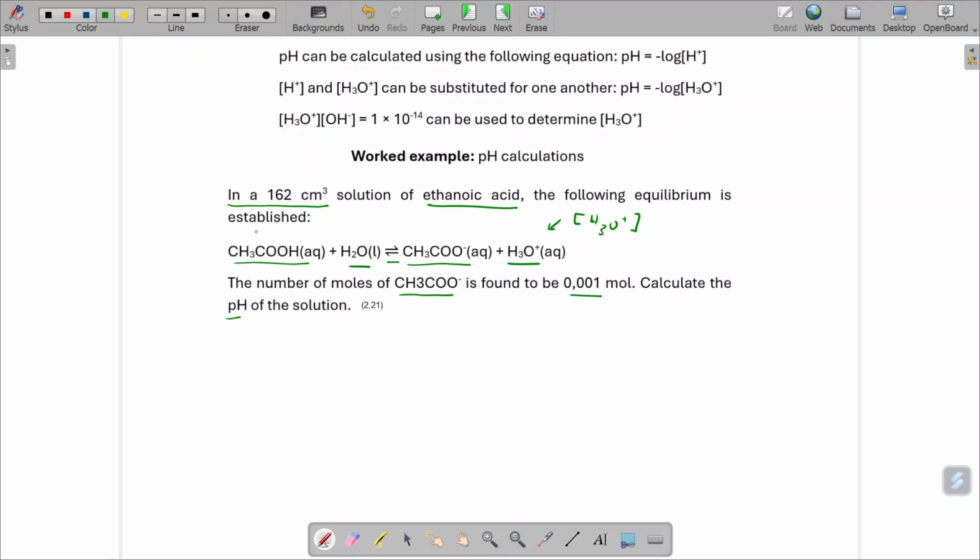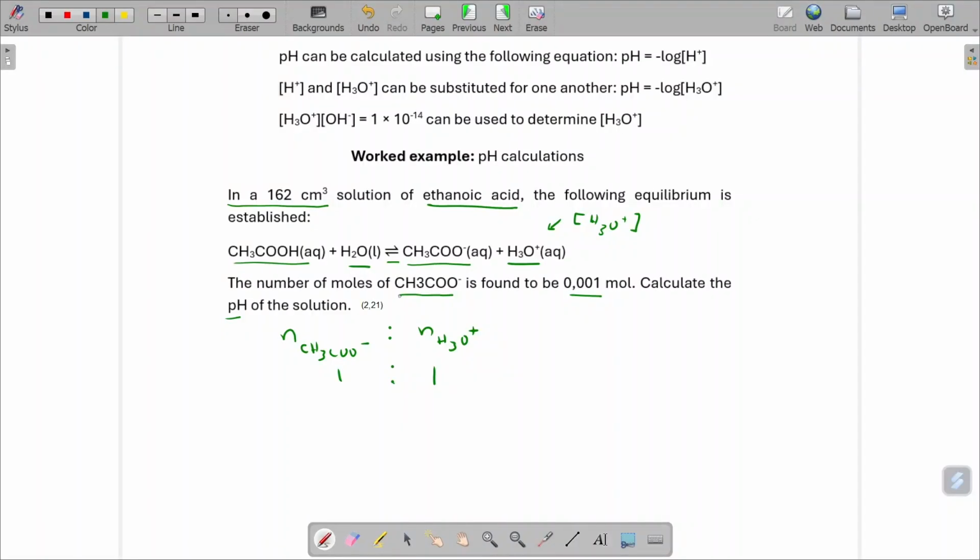So, if we look at the mole ratio of the ethanoate ion to the hydronium ion, we notice that it is 1 to 1. So the number of moles of the ethanoate ion is the same as the number of moles of the hydronium ion.